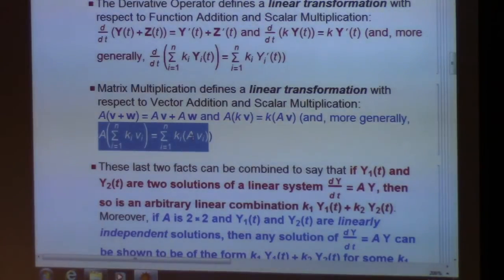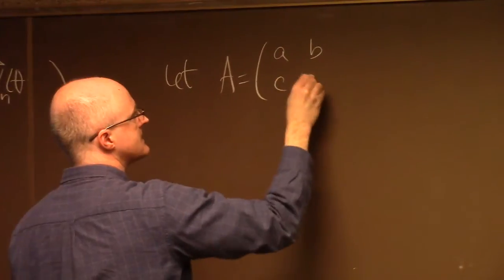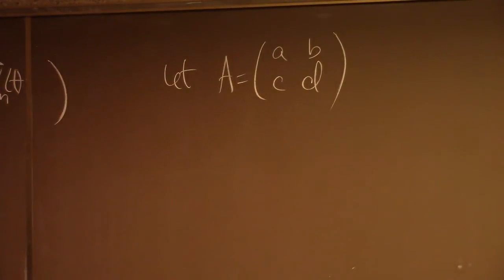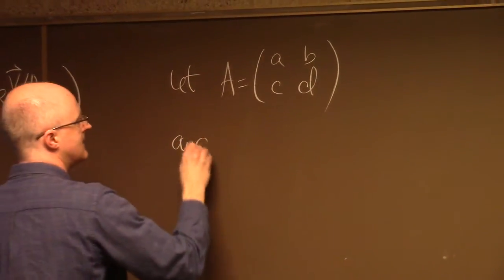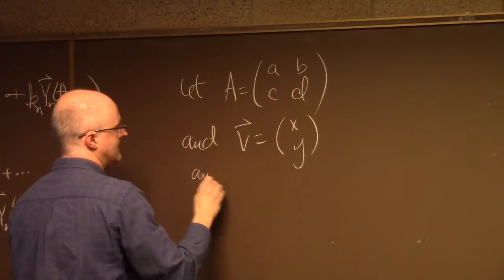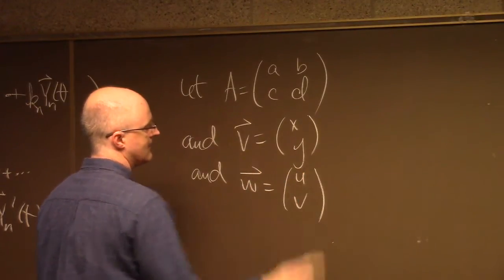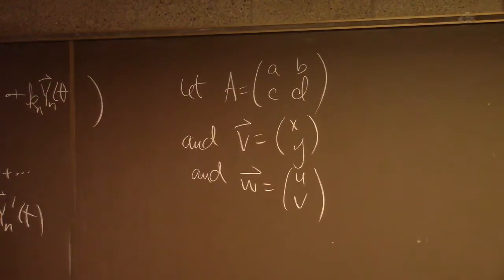How would you prove something like this in, say, a 2-by-2 situation? You can let A be an arbitrary 2-by-2 matrix, and let v be an arbitrary vector, and w be some other arbitrary vector, and use what matrix multiplication times a vector means to verify that symbolically.